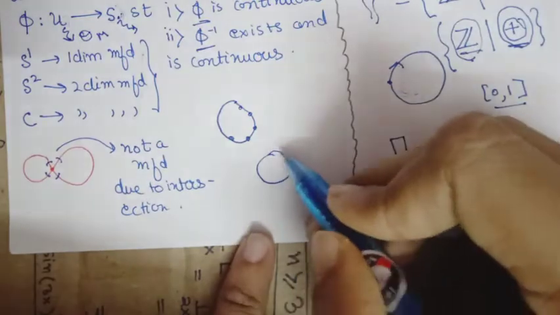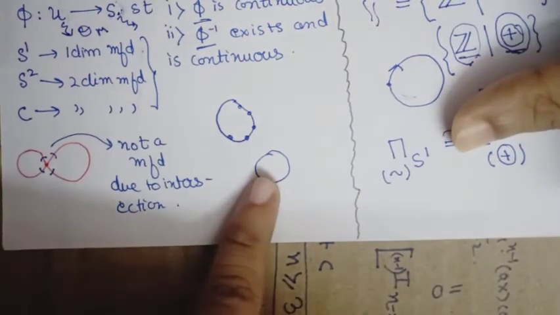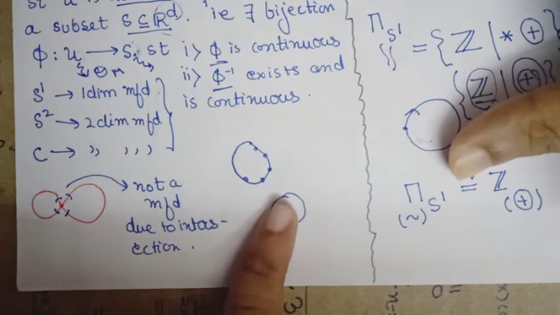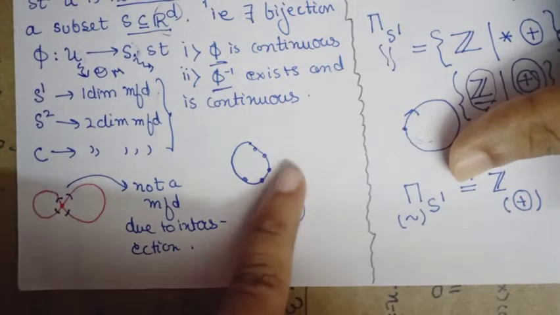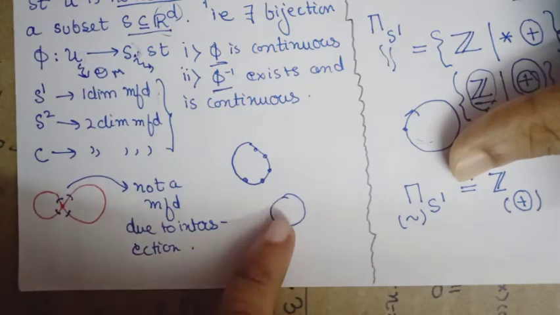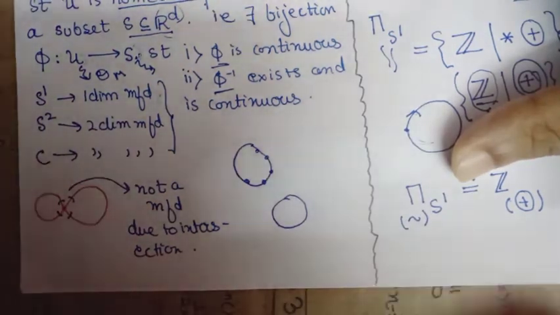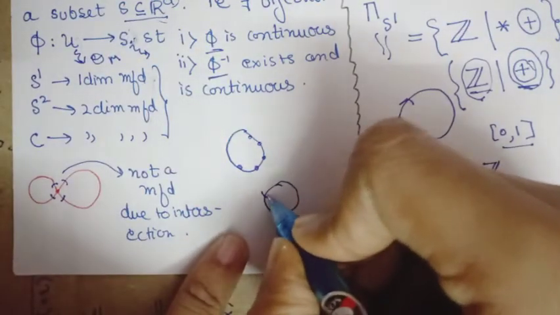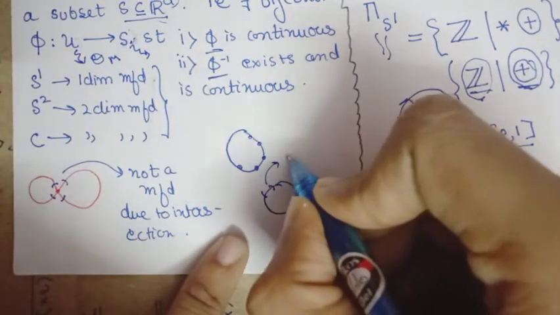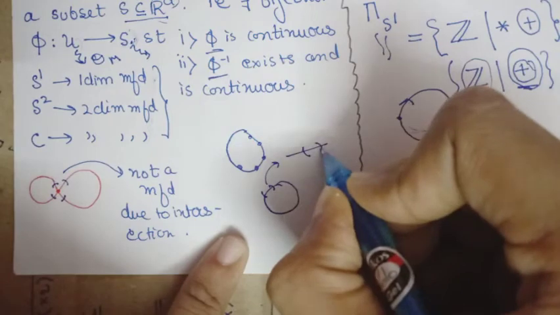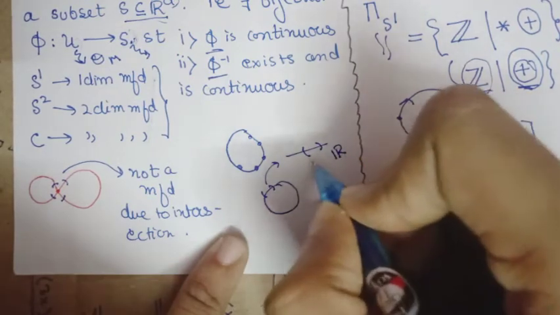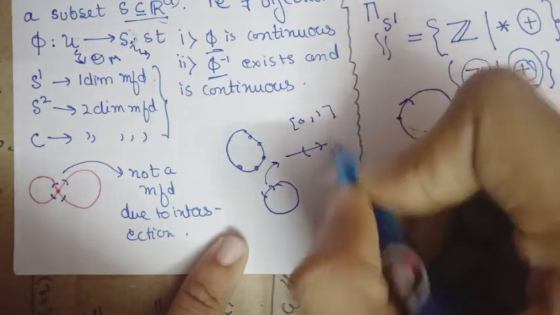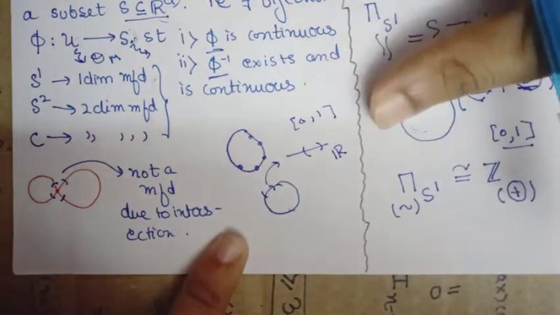Now if you walk around the circle, you can locally say that the circle looks like a line, because this interval of a circle can be identified with an interval in R. Actually it can be identified with an interval between 0 and 1. So that's why this is called a manifold.